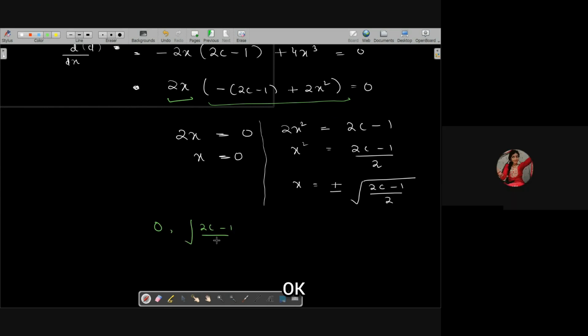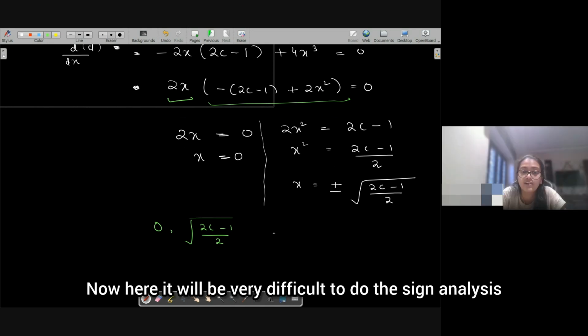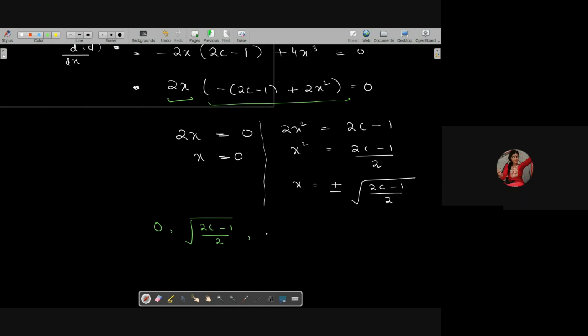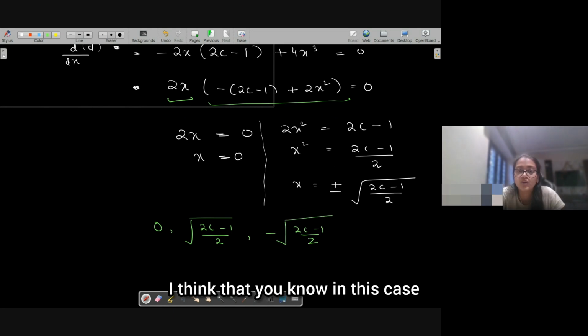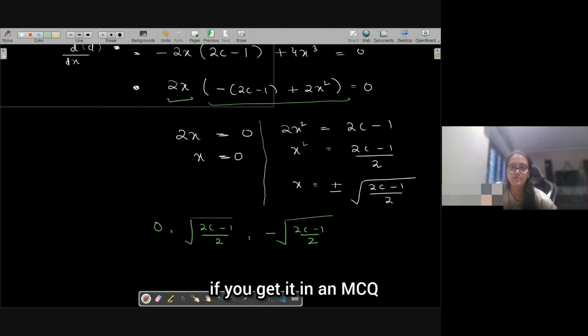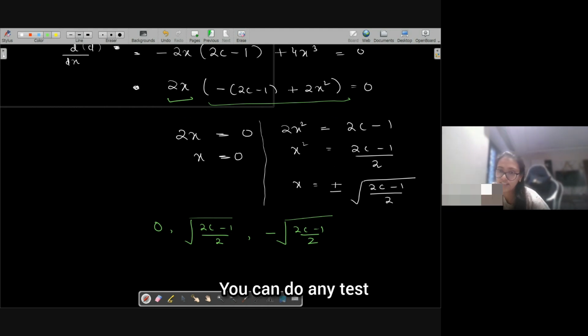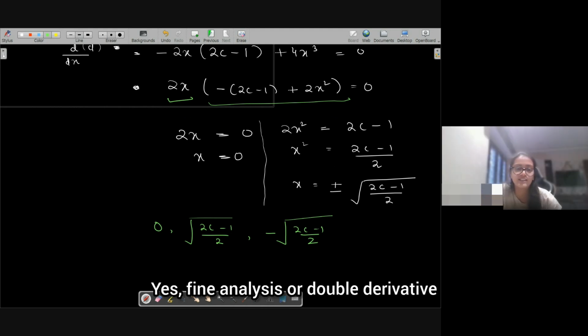Now here it will be very difficult to do the sign analysis. In this case, the people who will be grading your test, if you get this in an MCQ, it doesn't matter. You can do any test, sign analysis or double derivative.